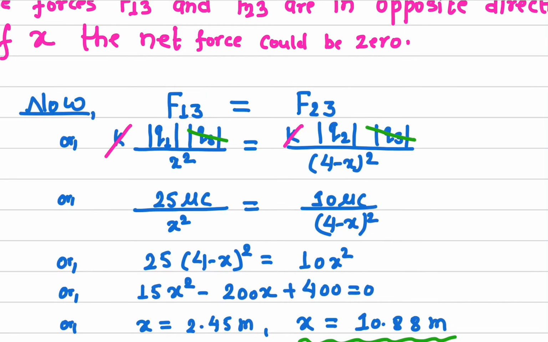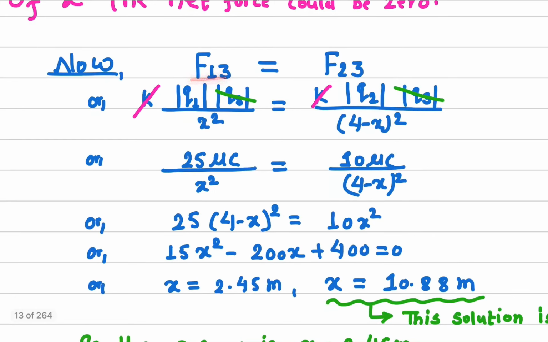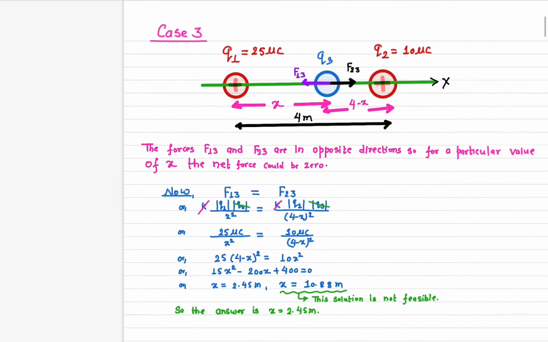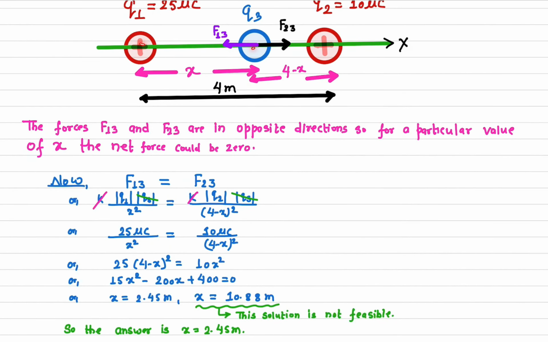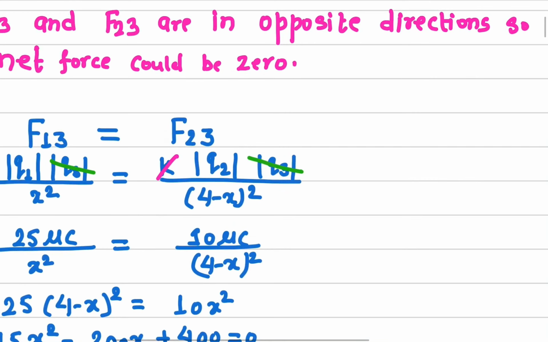And from Coulomb's law, what is the force between the two charges? It is given by K times the magnitude of Q1, magnitude of Q3, divided by the distance squared, and between charges 1 and 3 the distance is x, so it is x squared. The same way for F23.